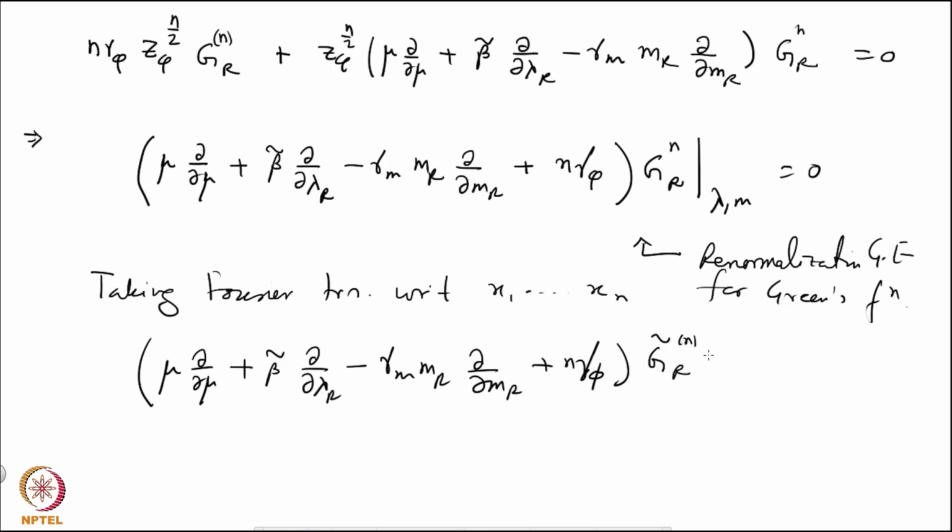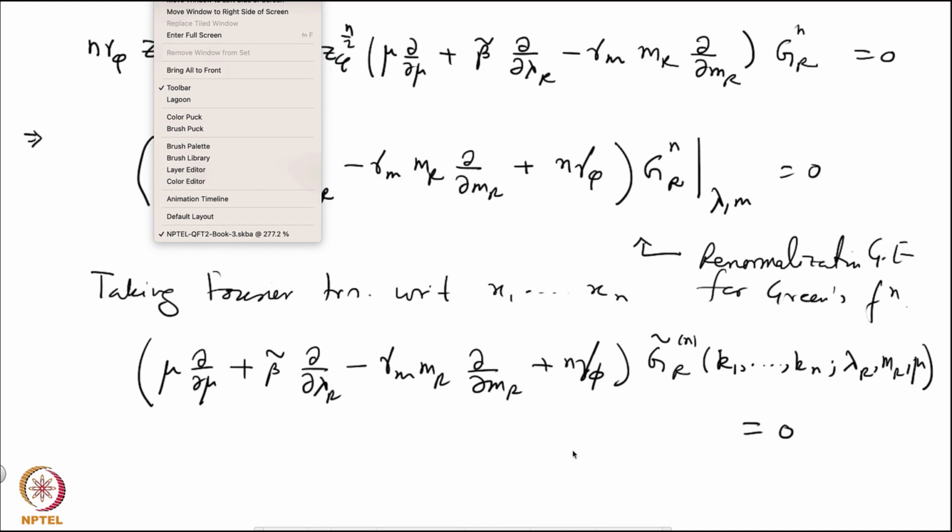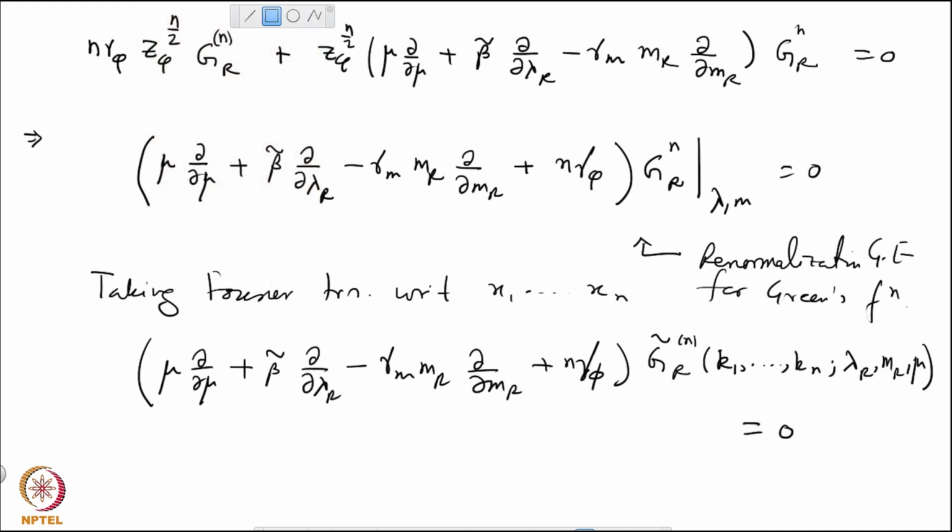Because I put a tilde now, and I'm using k_n and lambda renormalized, mass renormalized, and of course mu, and that is equal to 0. Okay, so this is the renormalization group equation for the Green's function.